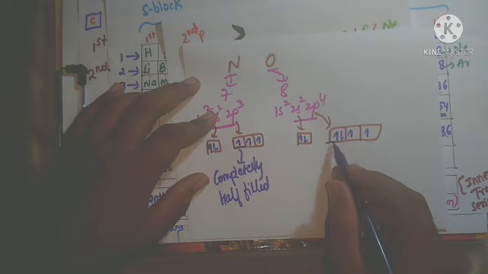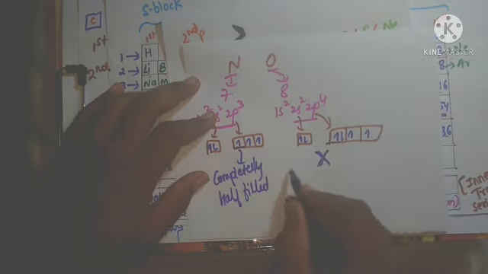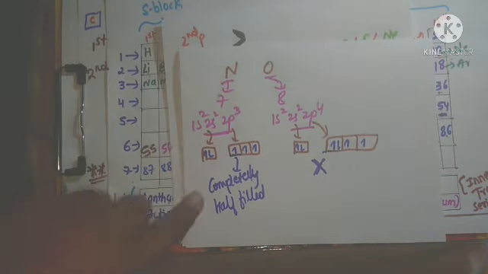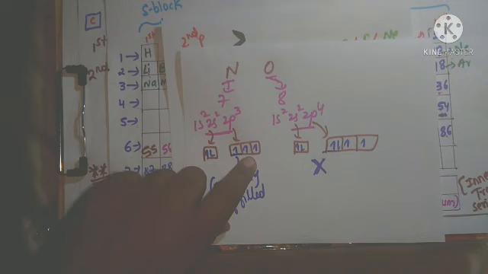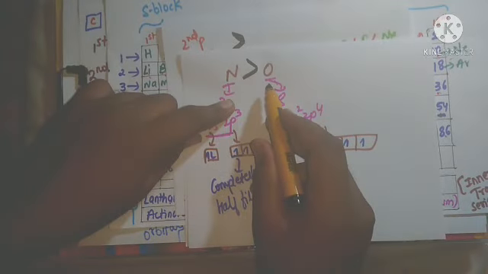Here 2p last, it is not completely half-filled, it is not completely fulfilled. Therefore, because in the nitrogen the orbitals are completely half-filled with electrons, nitrogen has higher ionization enthalpy than the oxygen.